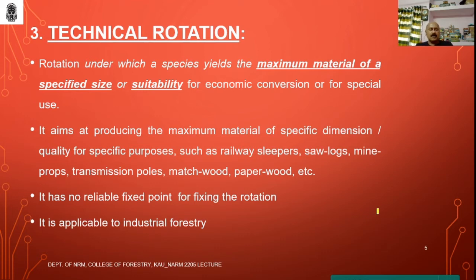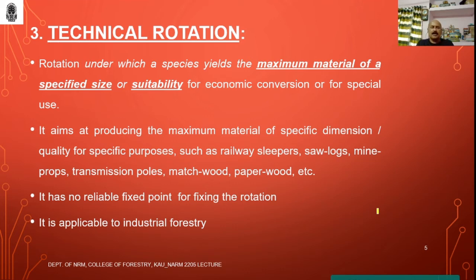Technical rotation. Rotation under which a species yields the maximum material of a specified size or suitability for economic conversion or for a special use. Here, the most classical example is the energy plantation. What is an energy plantation? An energy plantation is a plantation that has been raised to meet fuel wood demands.